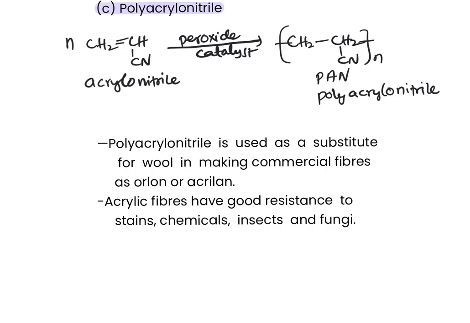You have to remember this word Orlon or Acrilan. Next, acrylic fibers have good resistance to stains, chemicals, insects and fungi. Nowadays you may know that acrylic windows or doors are used because they have somewhat better resistance to stains, chemicals, insects and fungi. Okay, thank you very much.